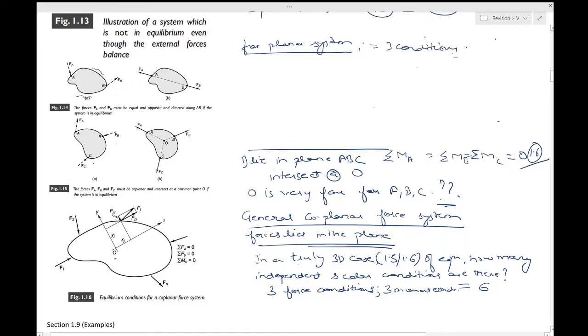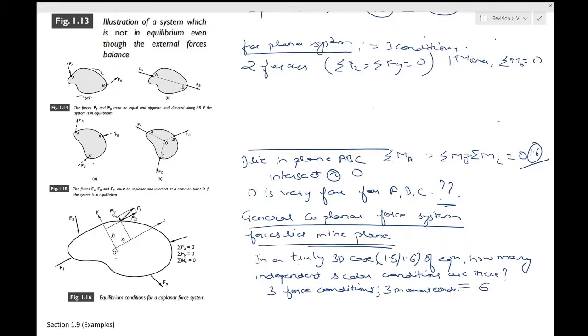What are the 3 conditions? 2 forces, say along the x and the y direction, which is given by sigma Fx equal to sigma Fy equal to 0, and 1 moment, that would be sigma Mo equal to 0. So the moment will only be along the axis which is perpendicular to your screen.